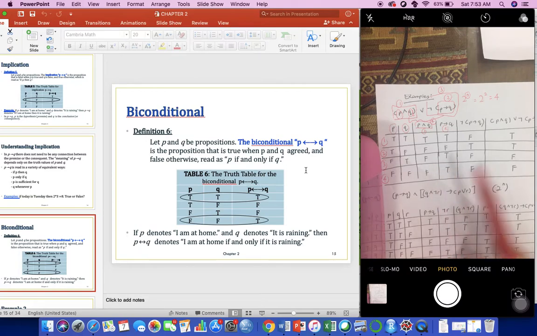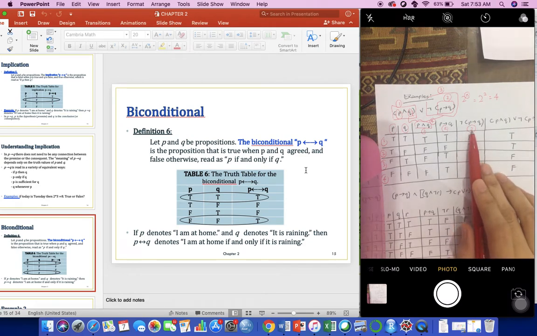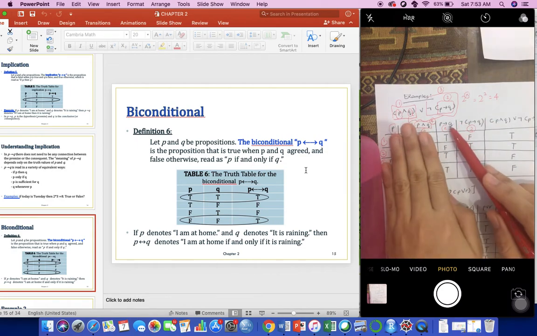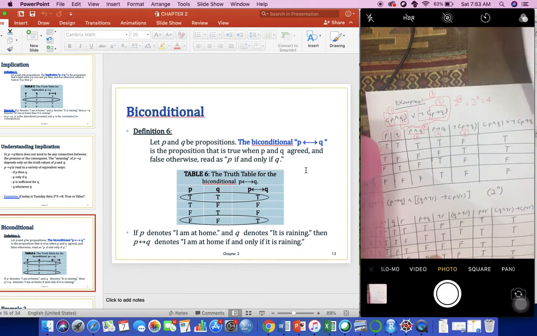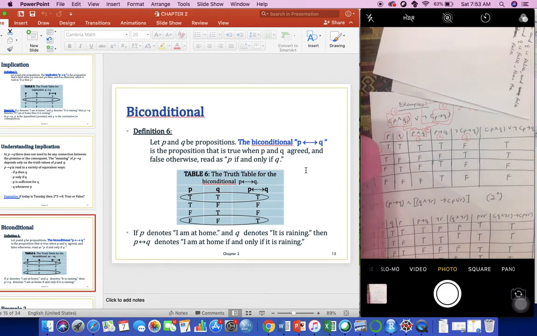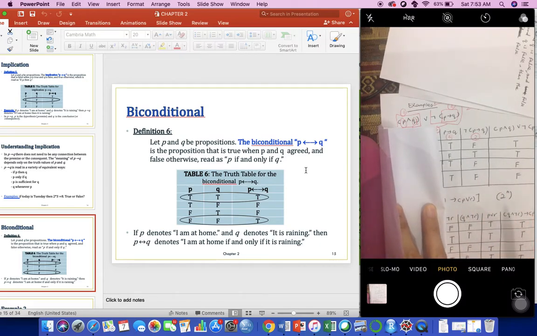And the third one, you must do the negation of P and Q. So for the third one, you just look here. For negation of P and Q, for true, you will get false. False, true, true, false, true, false.